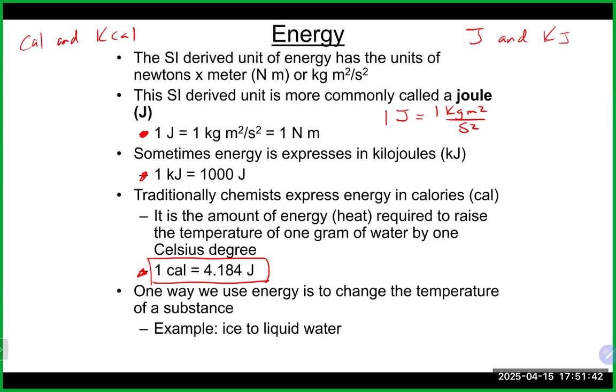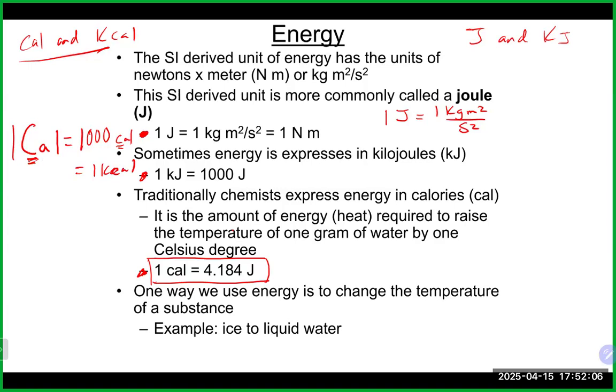Some other units of energy: in terms of calories, there's also a capital calorie with a capital C. That is sometimes referred to as a nutritional calorie, and that is equal to 1,000 of the little c calories, and that also equals 1 kilocalorie.